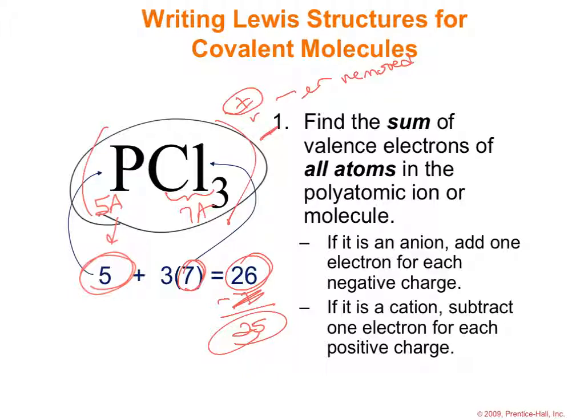Similarly, if the molecule has an overall negative charge, that means that an electron has been added to it. So in that case, you would need to account for that in your total valence electrons. So that would be 27 valence electrons if this particular compound had a negative charge.